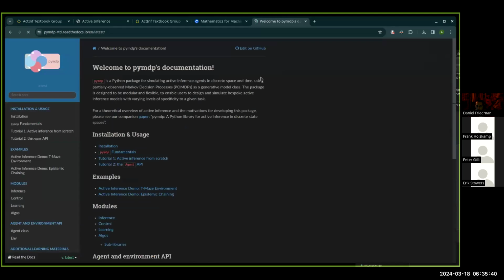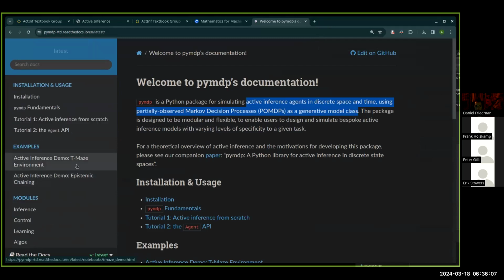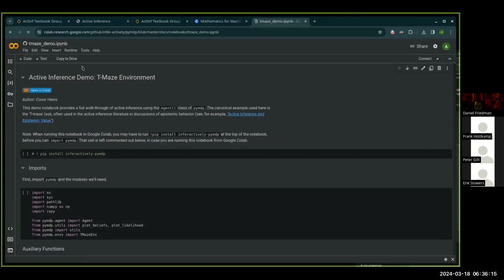PyMDP is an open source package, discrete time, but this is a good package that's really focused on getting as fast as possible to the discrete time agents. Whereas ActInfer, as we're exploring week after week, is general and continuous and all these other things. PyMDP gets you really fast to the POMDP, like chapter 7 model. There are great demos, including that you can just open it up in a notebook.